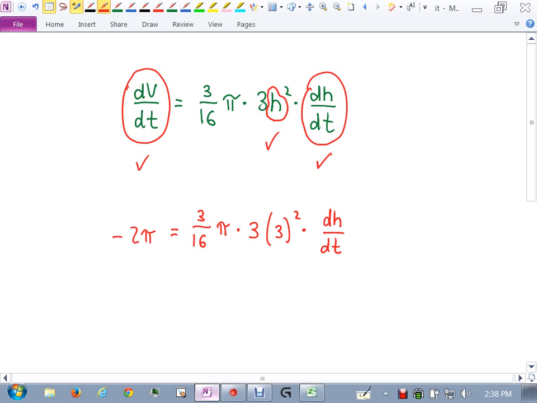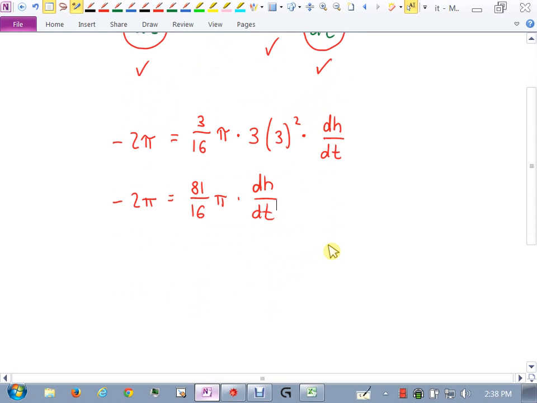Any questions on where I got any of this? dV/dt is given. Here's our moment in time. h is 3. Plug it all in. So let's see. 3 squared is 9. And then, hey, this 3 and this 3 is 9. So that's 81 over 16 pi. And then dh/dt. And then I can divide both sides by pi, and it's gone.